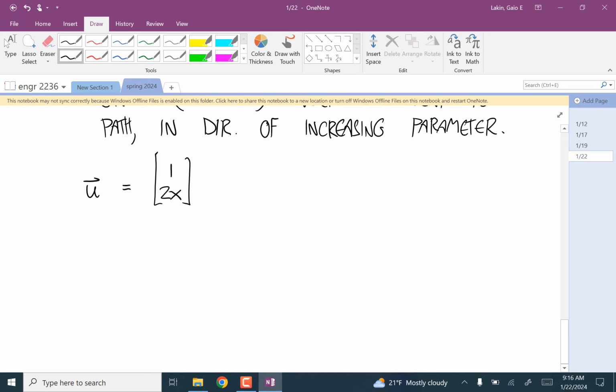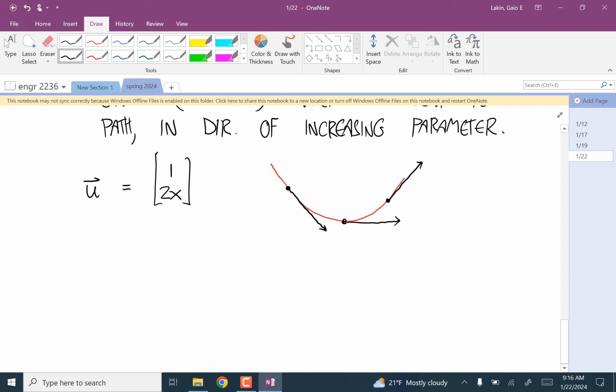And so what that does is now this is the path, and at any x, this gives you a vector in this direction. Okay.